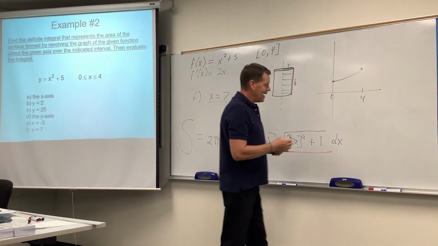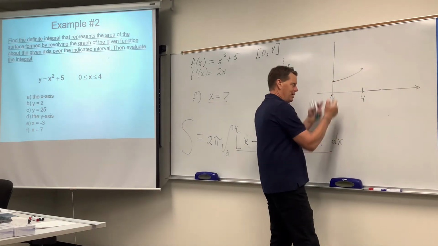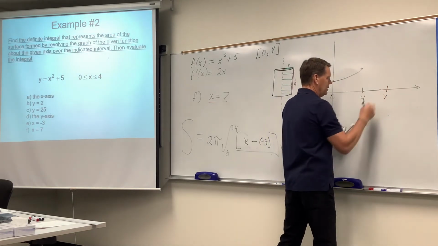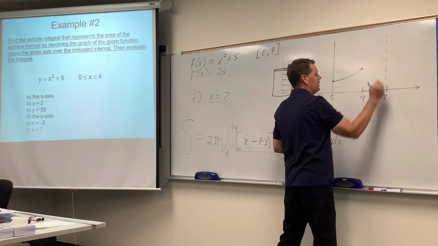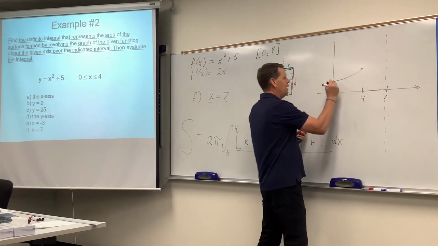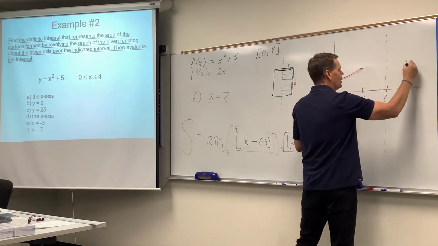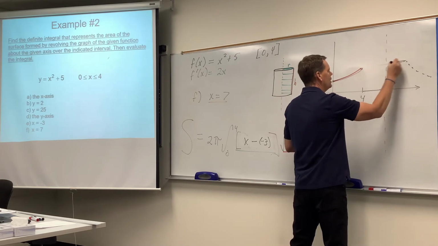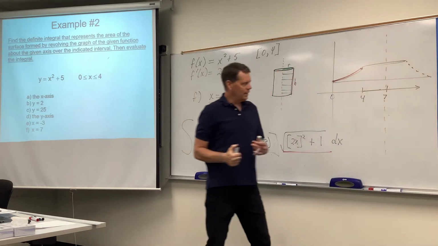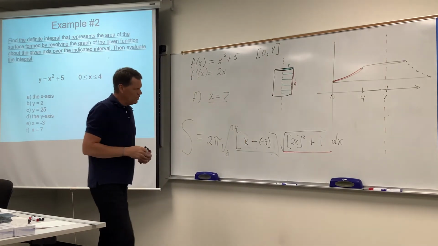This time, the axis of revolution is out here, note, above the interval, out here at 7. And so we're taking this original curve here, and we're revolving it this way. And so the mirror image is going to hit the board over here, and I guess this would be the way I've drawn it, kind of a volcano looking thing, whatever. Picture doesn't have to be perfect, just to help you set up the question.